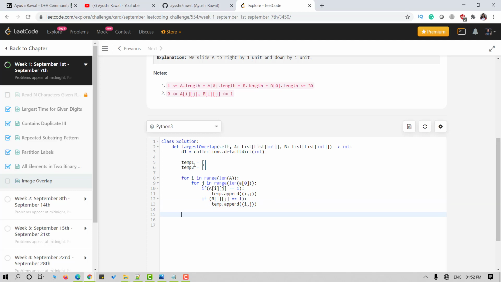Now I will declare an integer result and initialize it to 0 and run loops through the temp1 list and temp2 list in order to get the maximum overlapping. I will store this inside a dictionary.